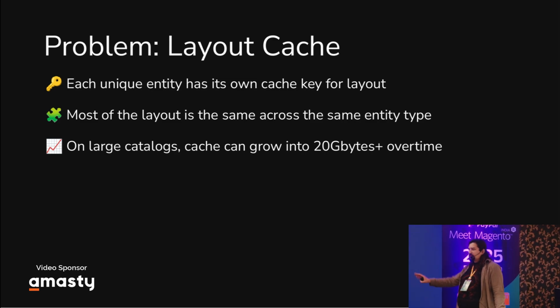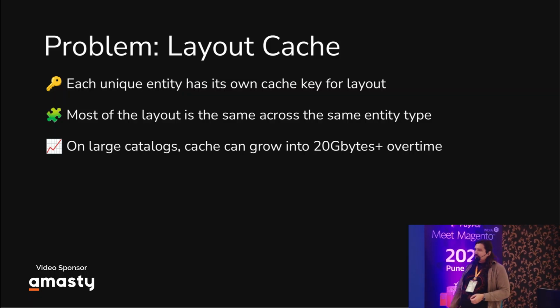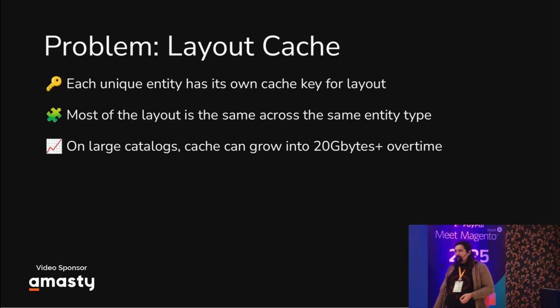Another thing is most of the layout is actually the same across all of the entities. Maybe there are small customizations applied if widgets are used. Another thing, on large catalogs, the cache can actually grow to 20 gigabytes in size. However, then what are you doing with your life if you have these big cache storages? It doesn't make sense.